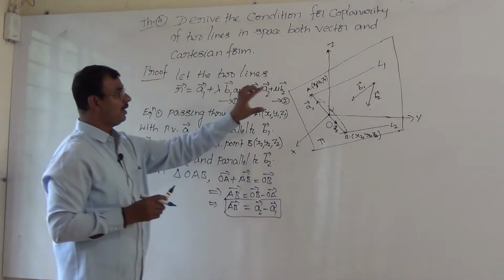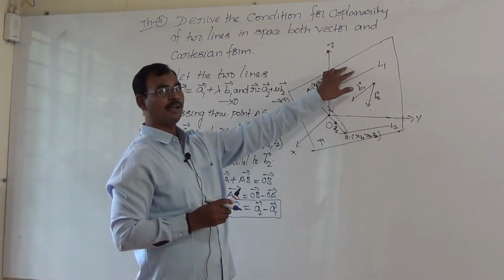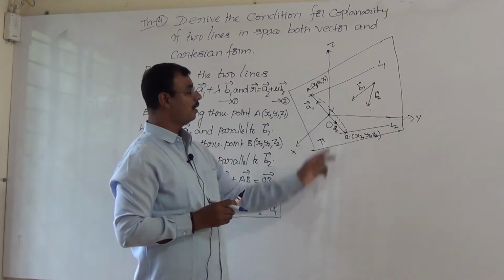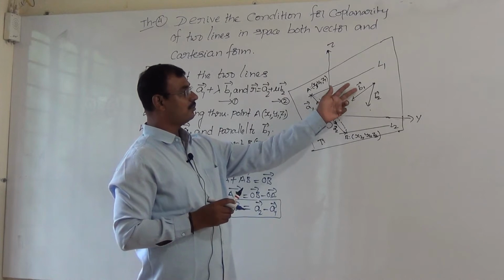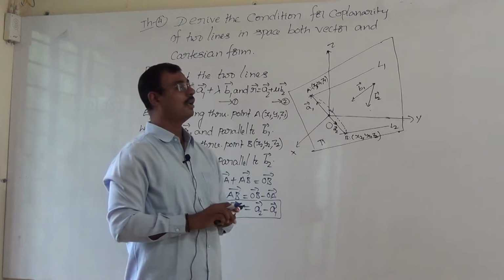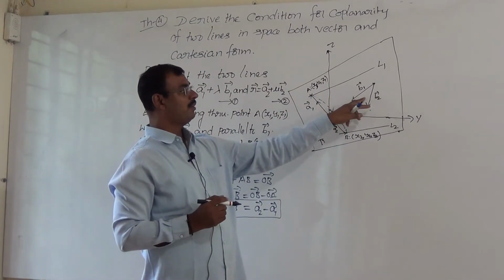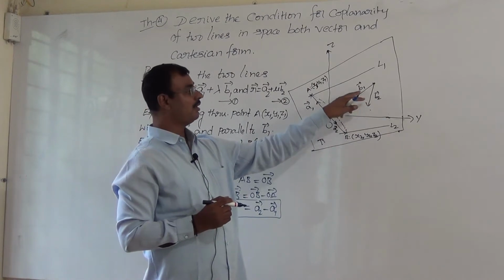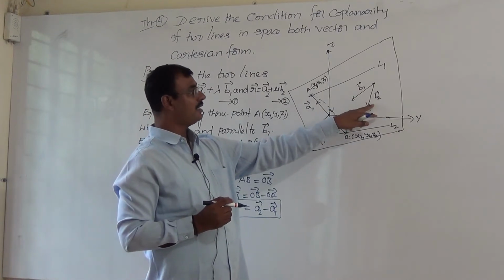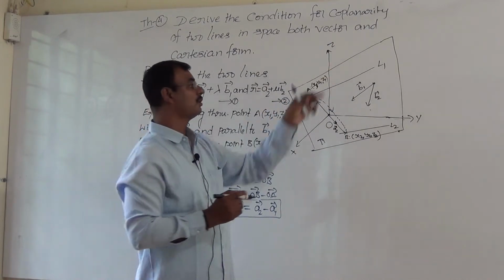Now what are B1 and B2? These are the parallel vectors of lines L1 and L2 respectively. The product of two vectors here is nothing but the cross product, the cross product of B1 and B2. B1 and B2 lie on the plane only, so B1 cross B2 is perpendicular to the plane.